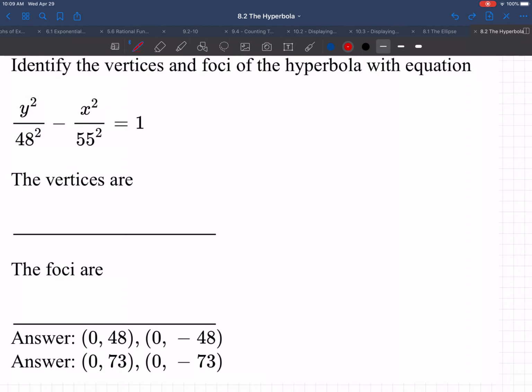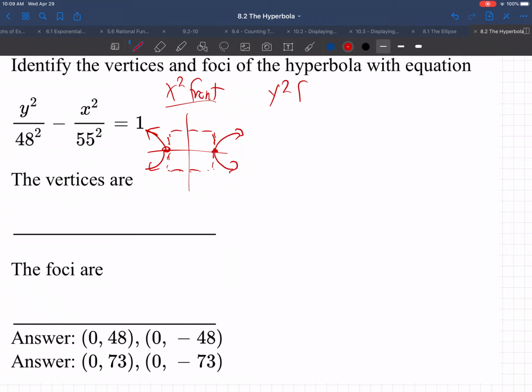Let's remember about the graphs. If you have x squared in the front, we don't, but I want to just lay out the possibilities, then you make the dotted box, and the branches go right and left because the x-axis goes right and left.